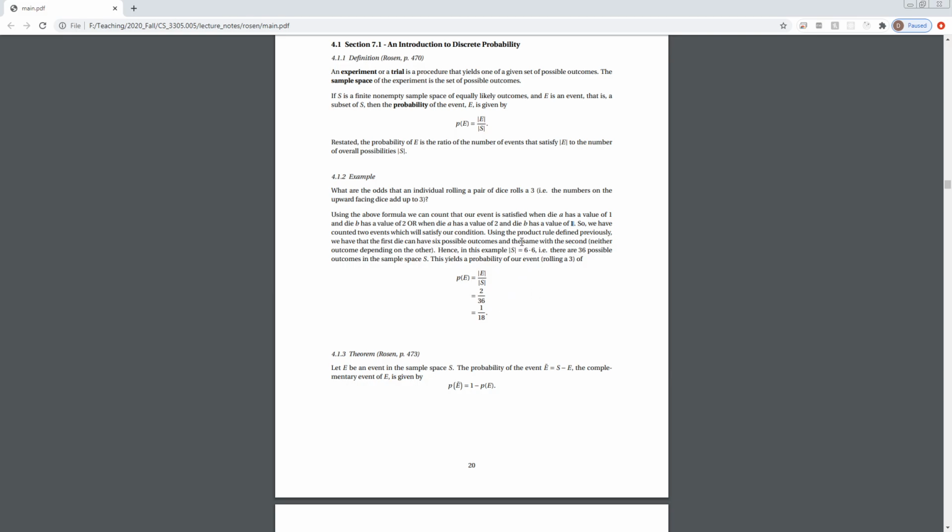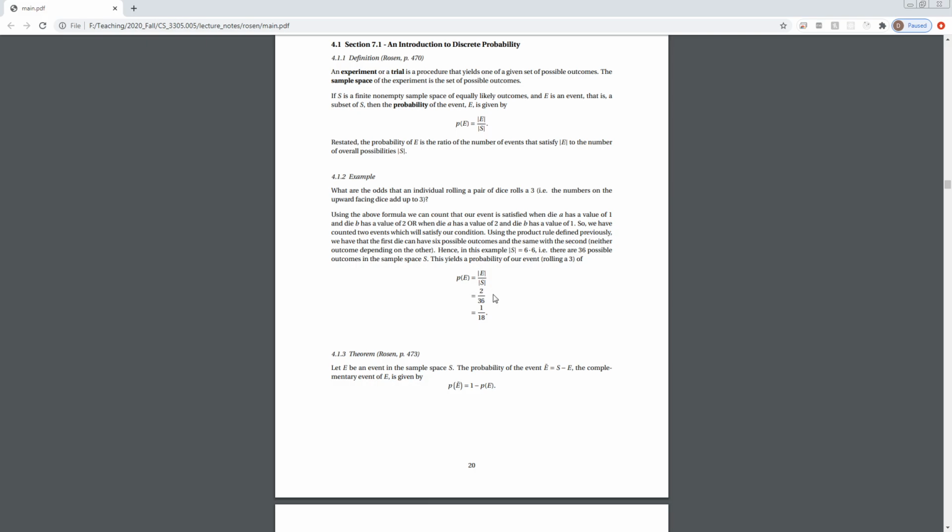And so in that case, there are 2 possibilities that satisfy the event you're testing for, and there are 36 from the product rule. There are 36 possible outcomes if you care about ordering, so the number of outcomes from A times the number of outcomes from B. Given that ordering, there are 36 possible outcomes, as opposed to the 11.